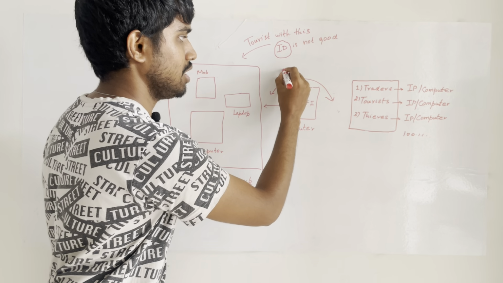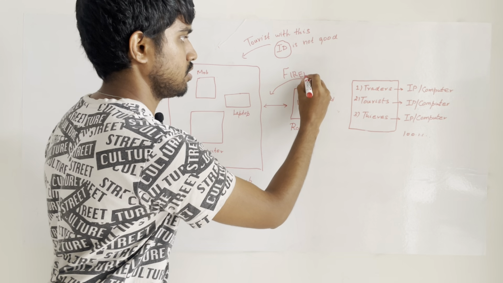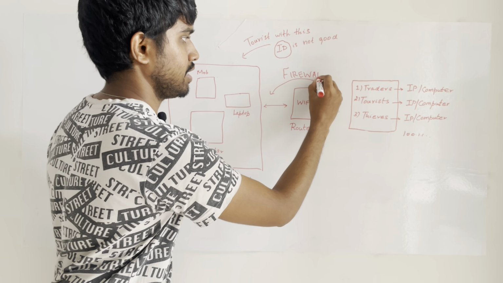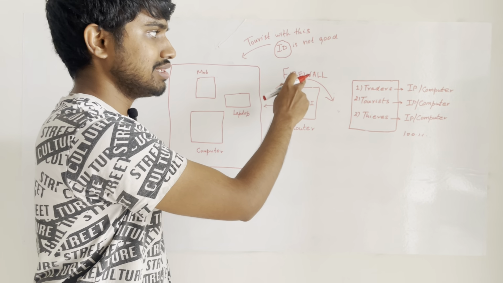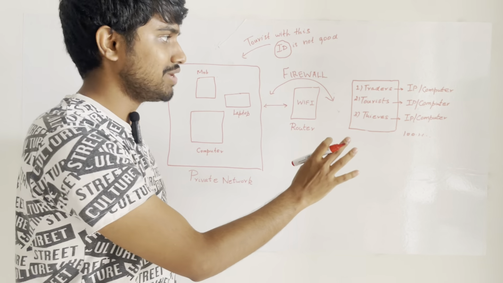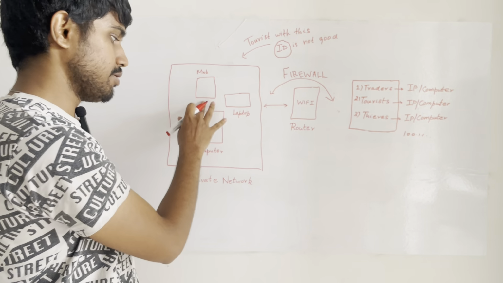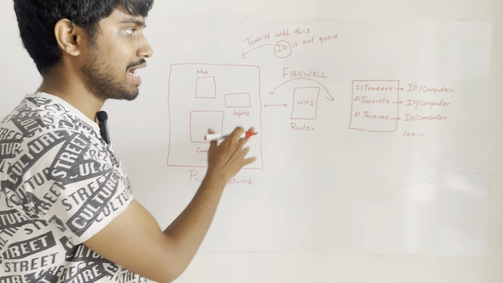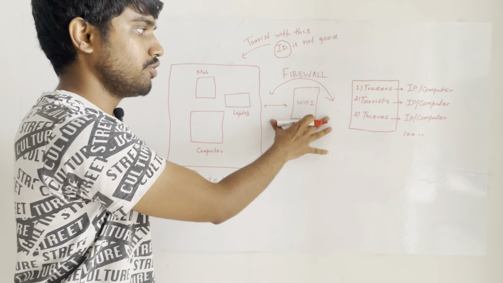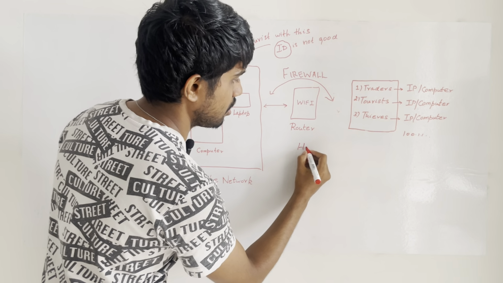Your own firewall. And configure rules that, okay, I need these rules for any traffic that is coming into the entire network, be it my laptop, my mobile, or my computer. So there is a set of connected devices and you are configuring some rules for it. Then it is called a hardware firewall.